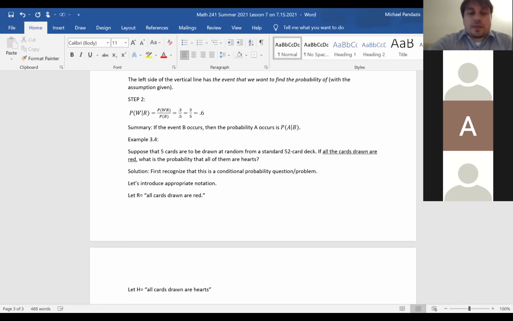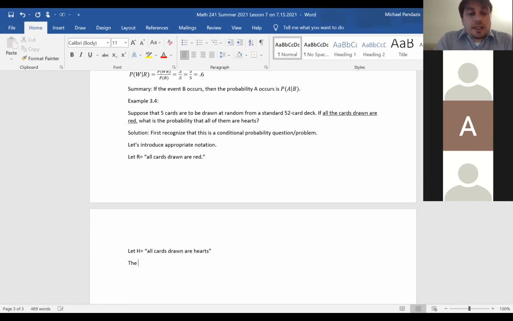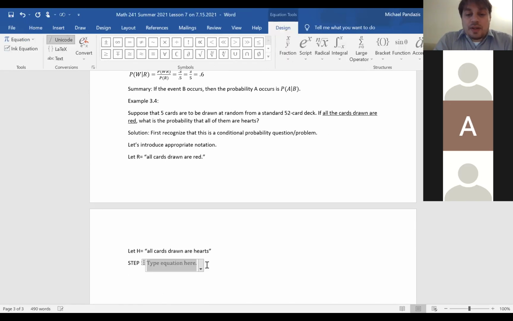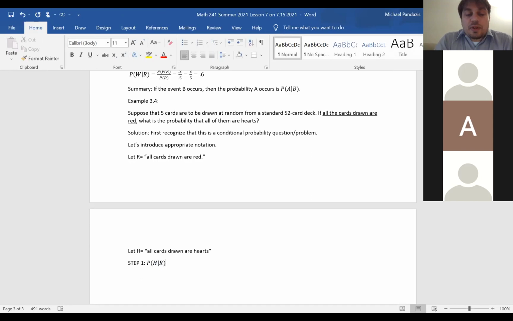Okay, so because this is a conditional probability problem, step one is I'm going to write the notation for the appropriate probability. So we want to find the probability that all the cards are hearts, given that all the cards drawn are red. So we want to find the probability of H given R.